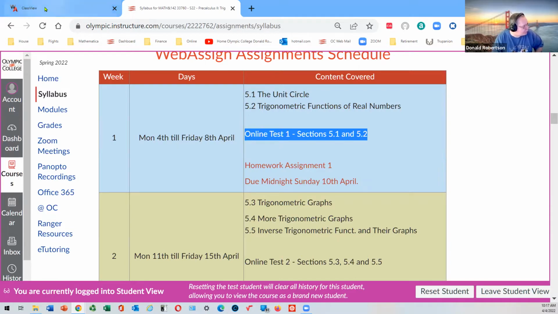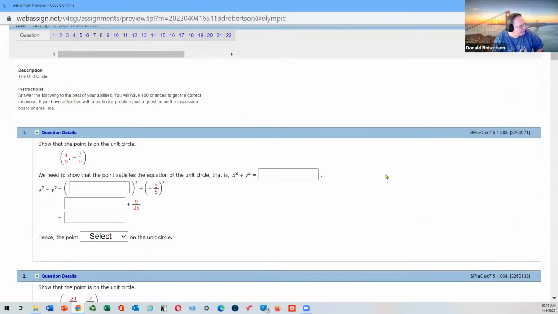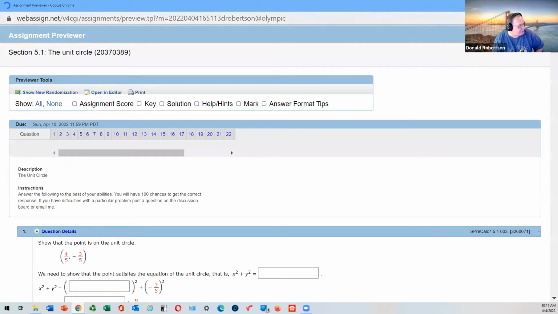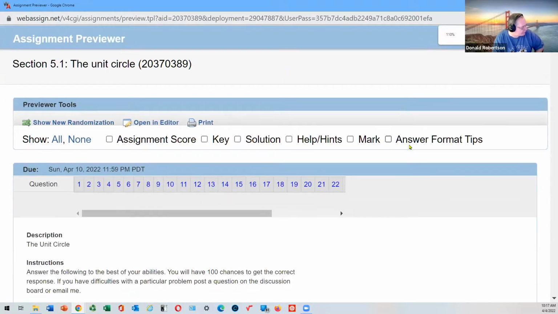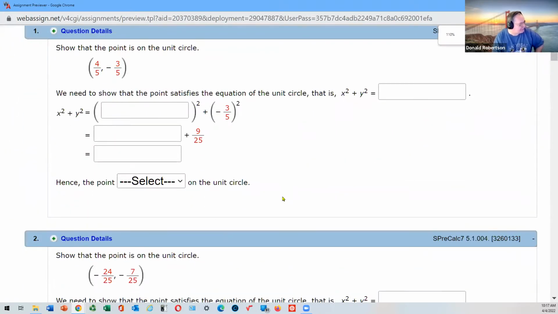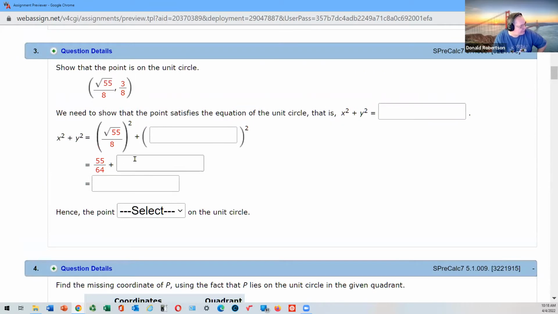Let's show you now what WebAssign looks like. This is WebAssign. If I click on this one here, unit circle, let's see if we can make this a little bit bigger. This is what WebAssign is, if you've done WebAssign before, you're familiar with it, but if you're not, this is it. You have questions, and these boxes, you fill in the answers.